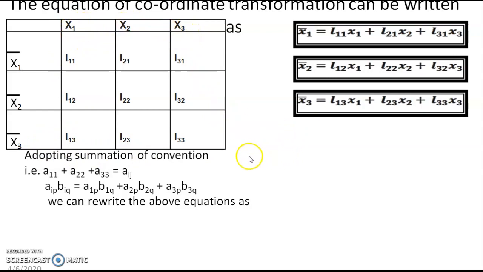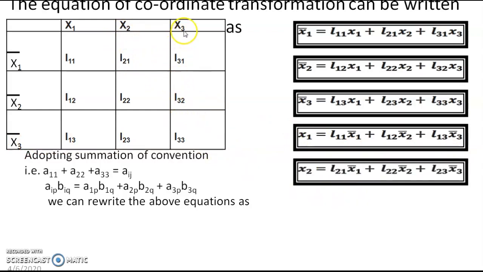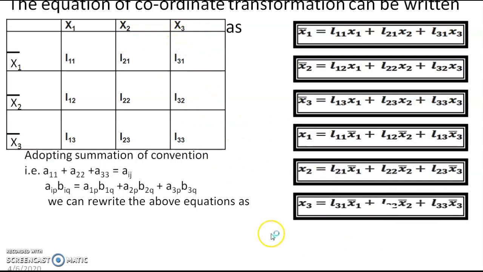For the second set of equations, we'll get the same way. For x1, suppose you're multiplying x1 bar by L11, L11 x1 bar, L12 x2 bar, L13 x3 bar, you see. Similarly, for x2, you will get this equation, and for x3, that is z, you'll get this equation.